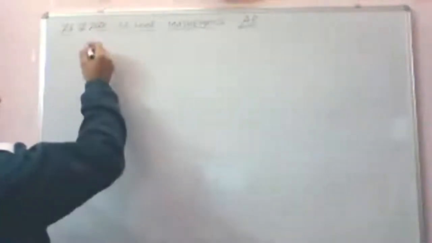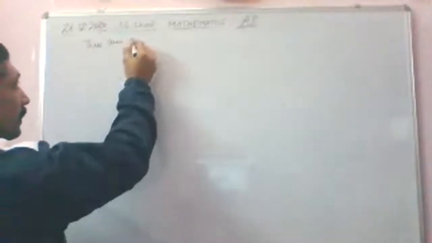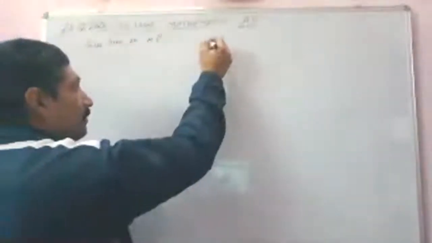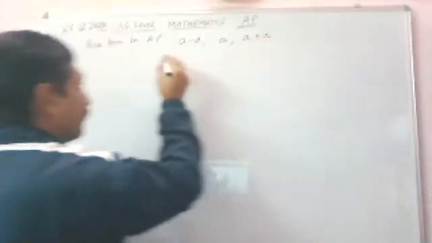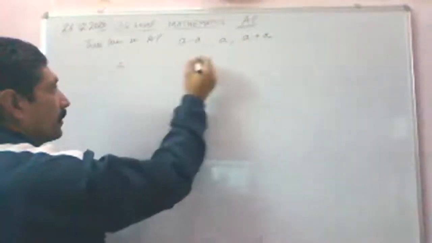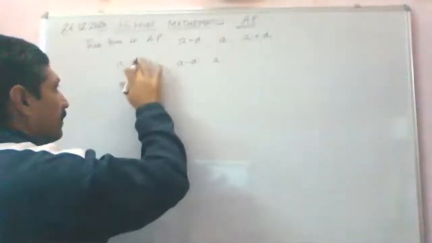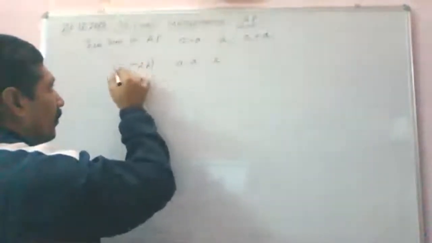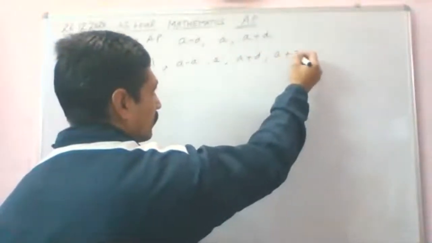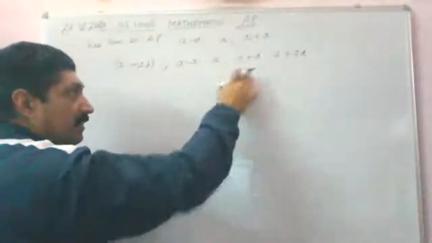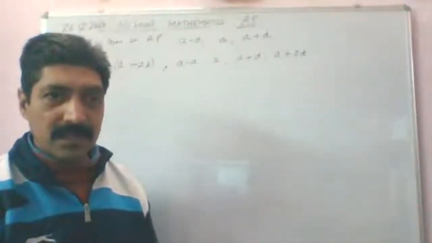If we have three terms in AP, we can write them as A minus D, A and A plus D. If we have five terms, then A minus 2D, A minus D, A, A plus D, and A plus 2D. These five terms are also in AP, so we can use these terms also.